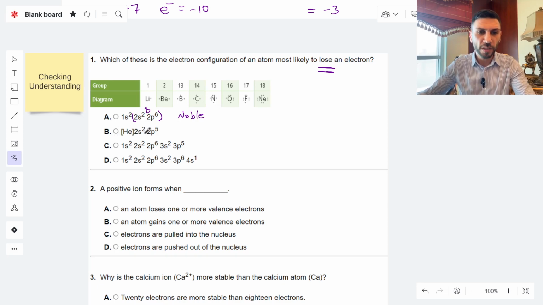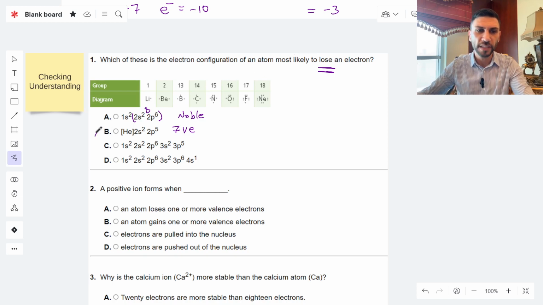For the second one, in the second energy level we have 7 electrons: 2 in 2s and 5 in 2p. That means the total number of valence electrons is 7, and we need to gain 1.